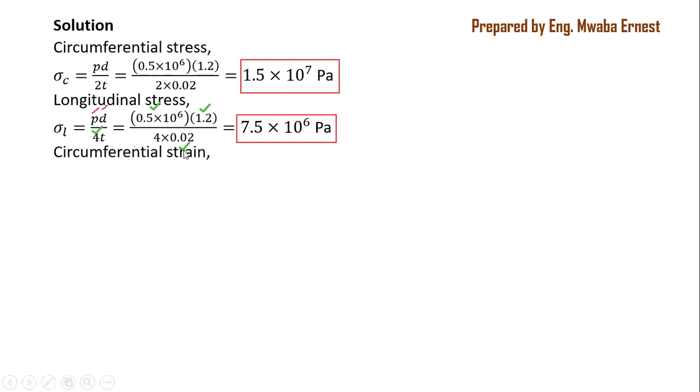we need the circumferential strain. Because we already have the circumferential stress, it's only natural that we can now calculate the circumferential strain. So what do we do? We invite the formula for Young's modulus, and then we just try to balance it up a bit because we're dealing with a cylindrical member.